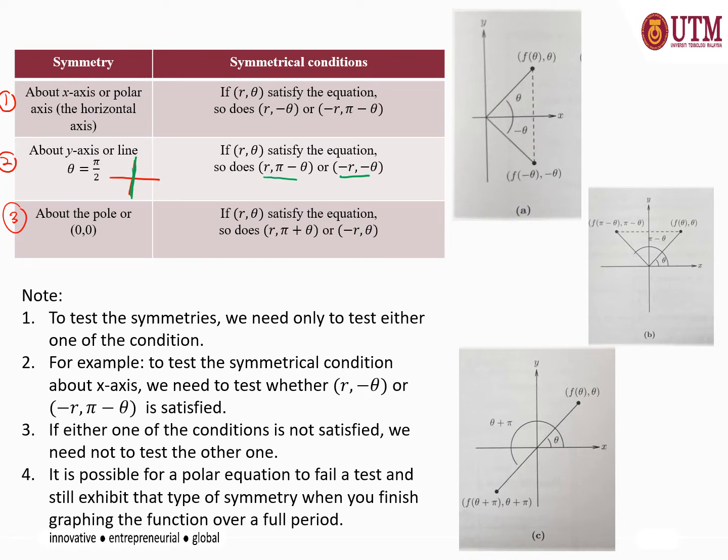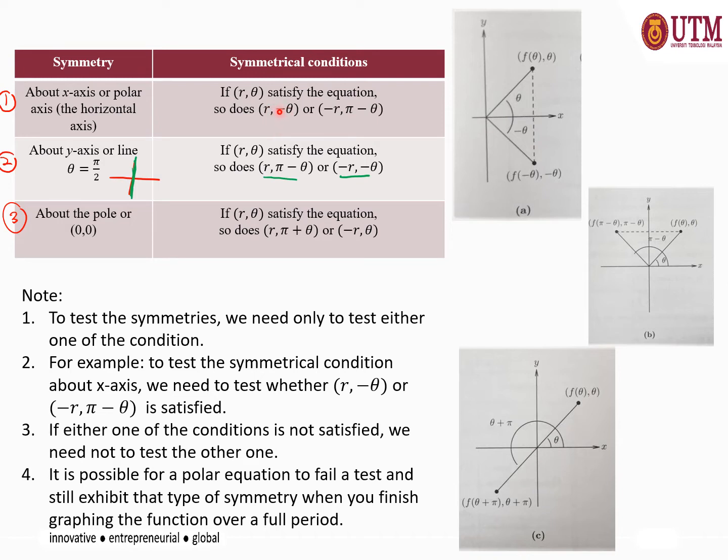Note that to test the symmetries, we need only test either one of the conditions. For example, to test the symmetry about the x-axis, we test whether (r, negative theta) or (negative r, pi minus theta) is satisfied. Meaning that we just choose one.